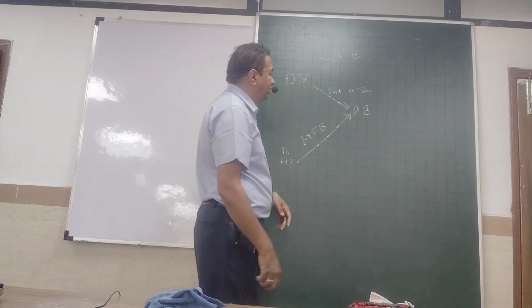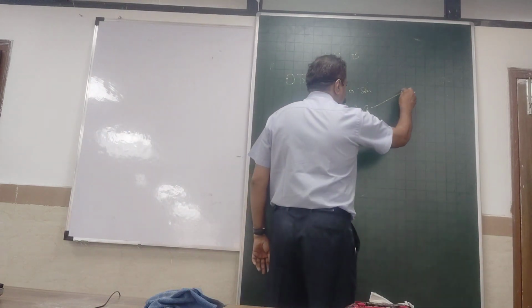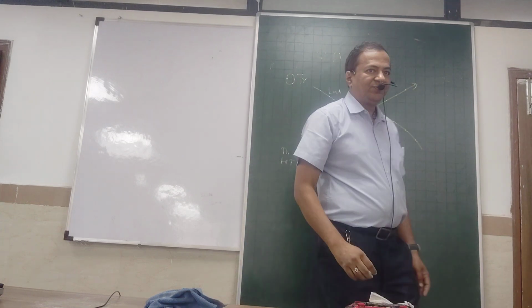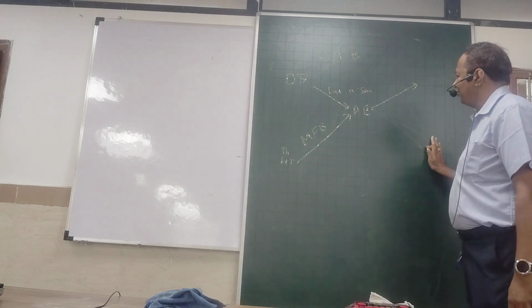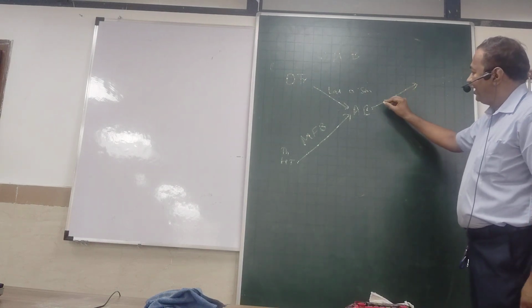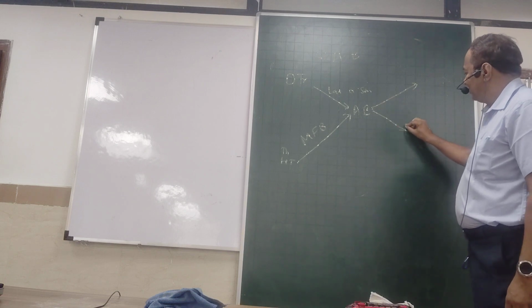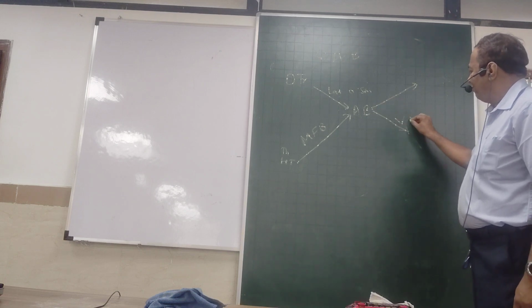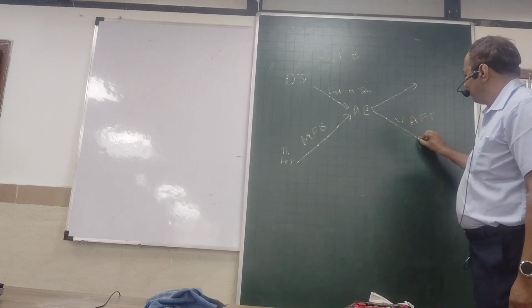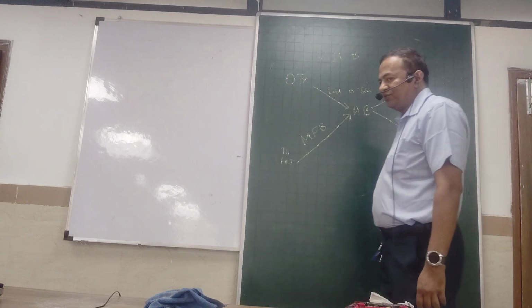It has two efferents. One I have already taught you, and that is the ventral amygdalofugal pathway. What does it connect to?